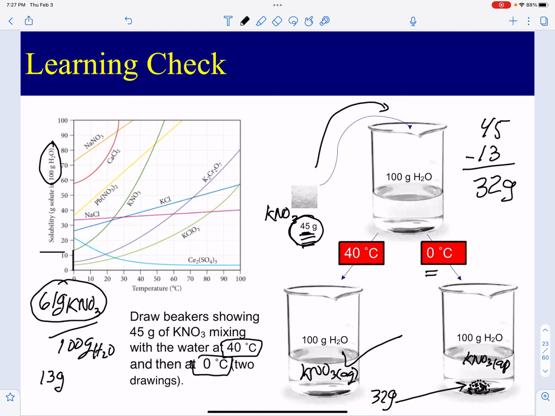So that's how you can show that you know how to use this type of graph, and you understand what dissolve means. Out of 45 at 0 degrees, only 13 can dissolve, so everything else is not going to dissolve.